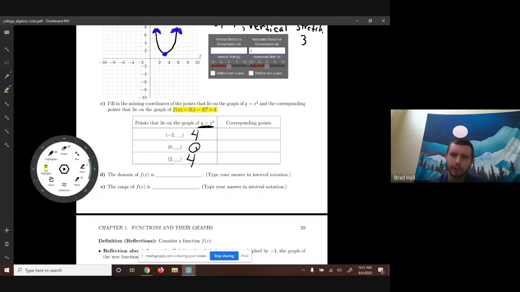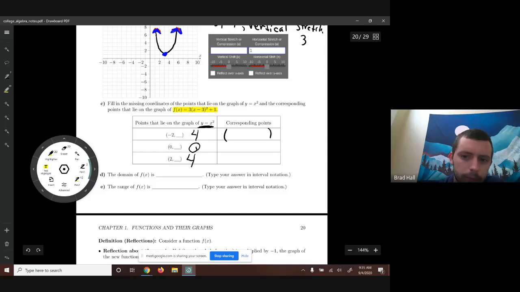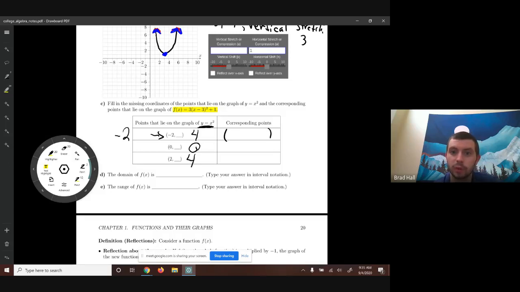The corresponding points were a little bit tricky, and that's why I wanted to go through this one again. What does it mean for a point to correspond? That initial point at -2 comma 4 over here, well, now that -2 needs to get shifted to the right 3 because we are going to the right 3.